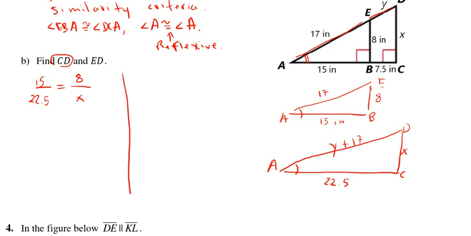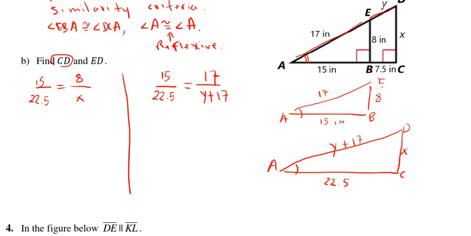We're not going to solve it because the time is over. And if you want to find the y, you can again use 15 over 22.5. We always use the information that is already known to us, that was given, and then 17 with the y plus 17.